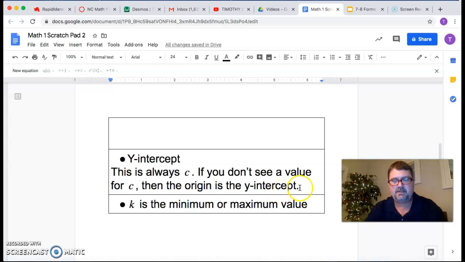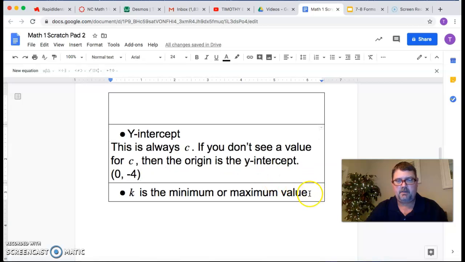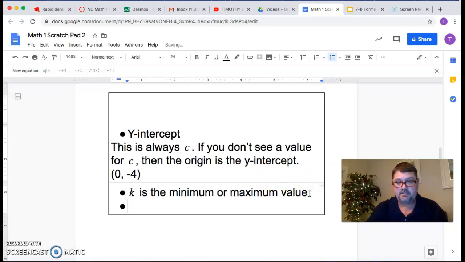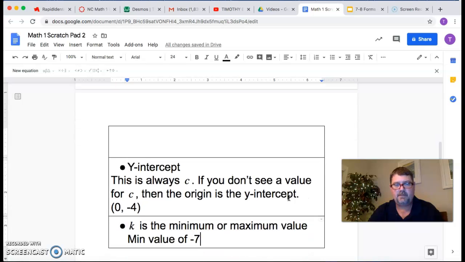In our case, the y-intercept is (0, negative 4). You've also already found the value of k, which turned out to be negative 7. So it's a minimum value, or maximum. In our case, it's opening up, so it's a minimum value of negative 7. That's all the information we needed.